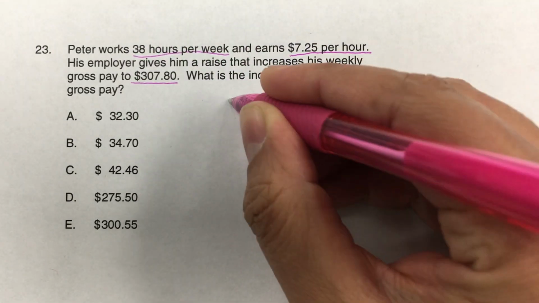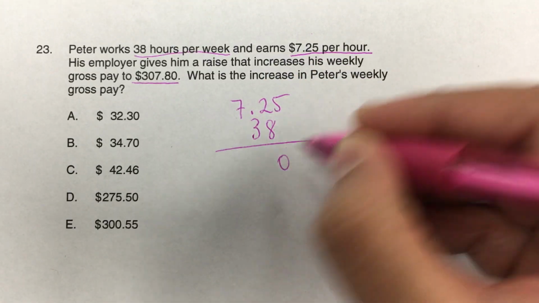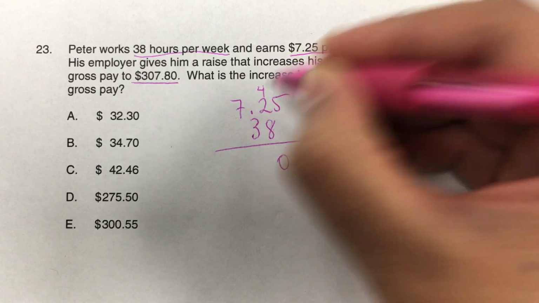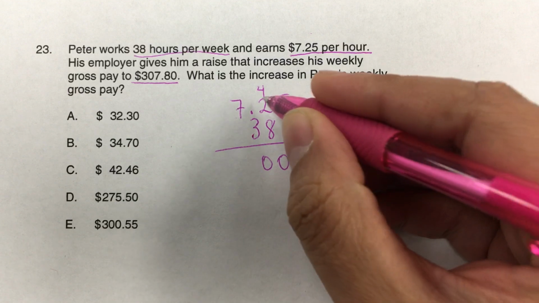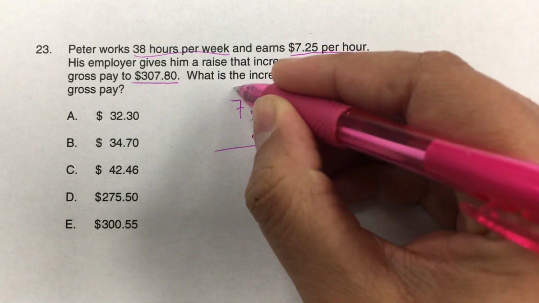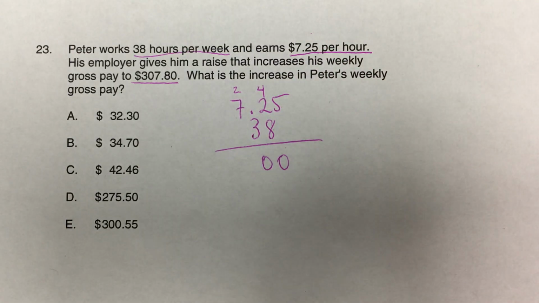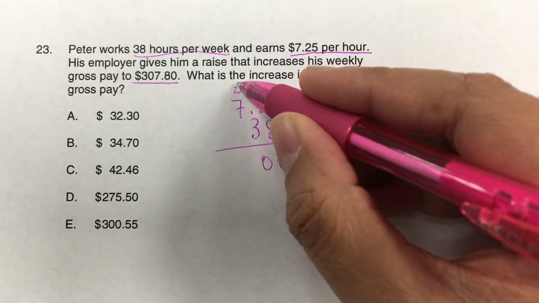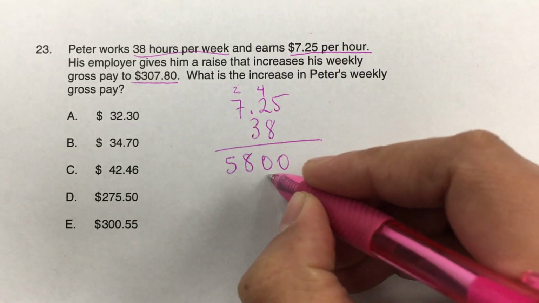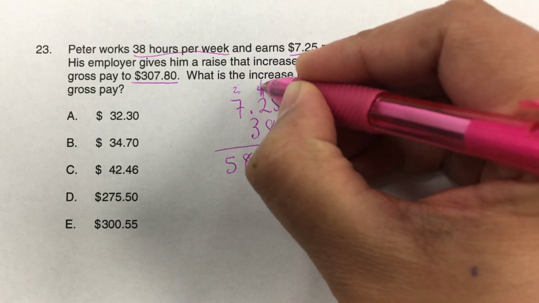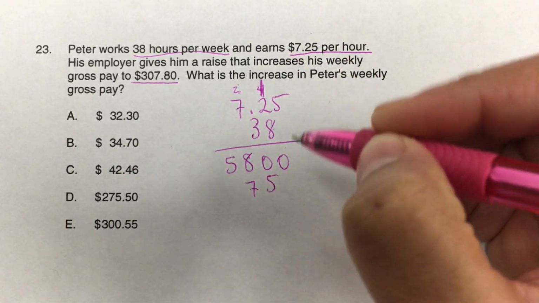So 38 times 725. And so 8 times 5 is 40, carry 4. 2 times 8 is 16, plus 4 is 20, carry the 2. 8 times 7 is 56, 57, 58. And now the 3 times 5 is 15, carry 1. 3 times 2 is 6, and 1, 7.